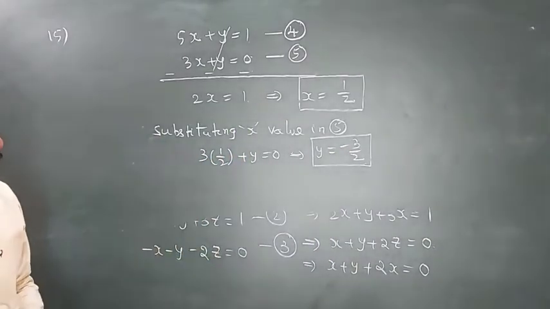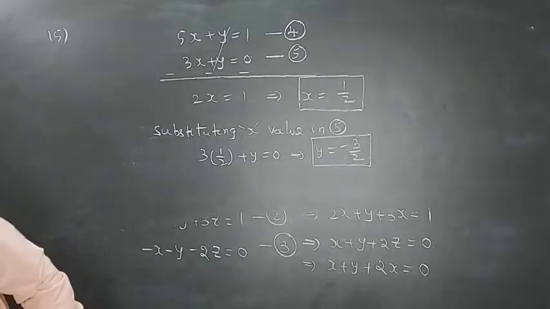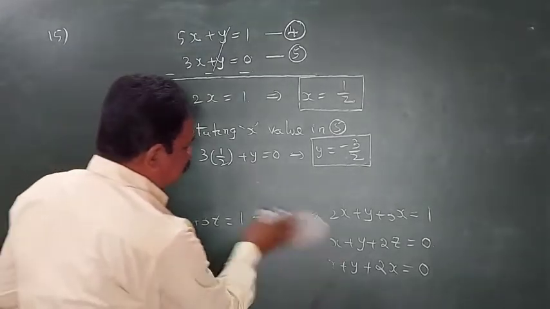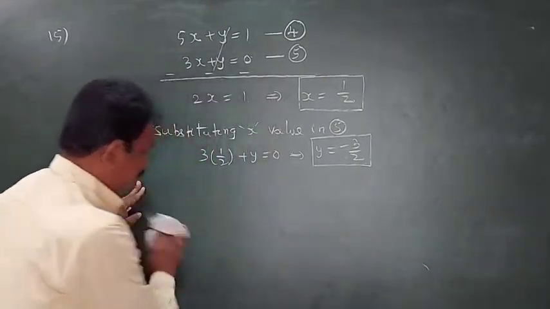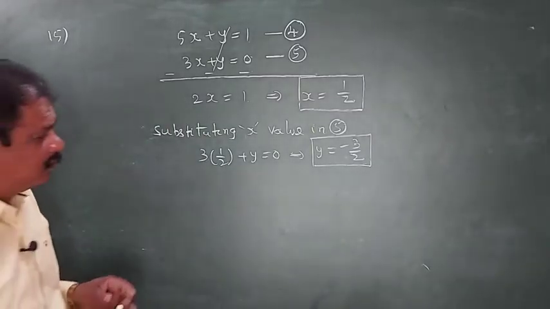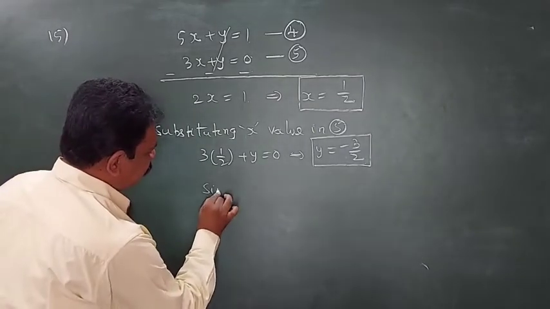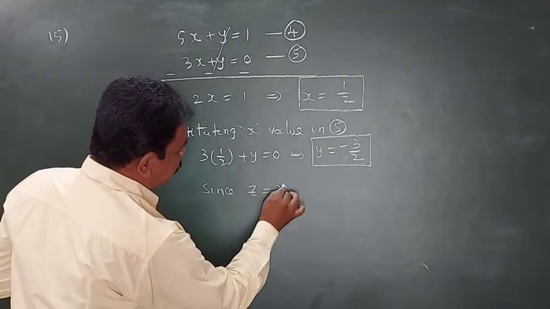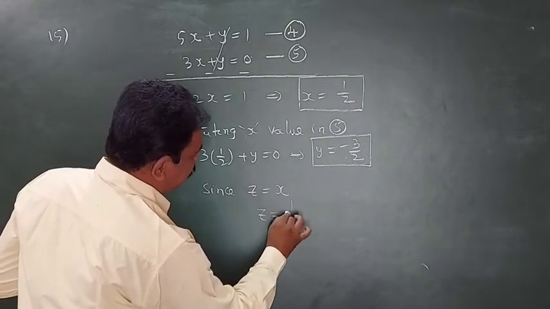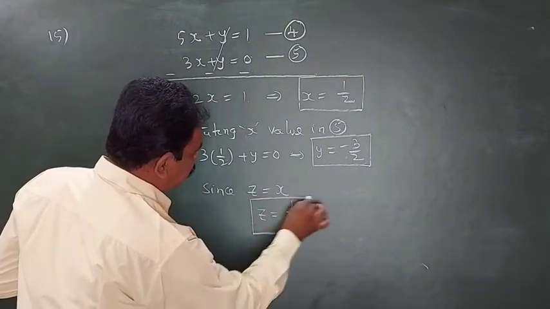This is the y value. For the z value, already x is equal to z, so z is equal to 1 by 2.